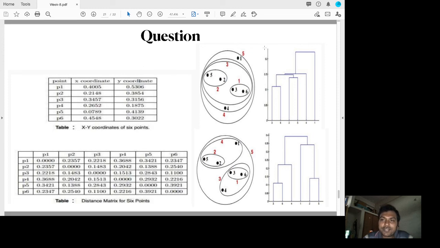I hope you remember that dendrograms will be tall in single linkage, and in complete linkage they will not be as tall. But this dendrogram looks thinner than this particular dendrogram, so this is not the correct way to understand which is complete linkage and which is single linkage. The best way to understand is to work it out in the proper way.